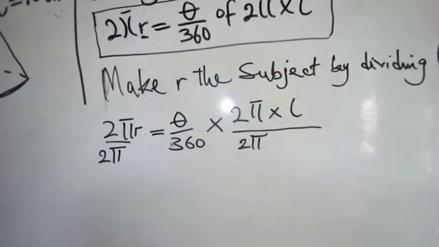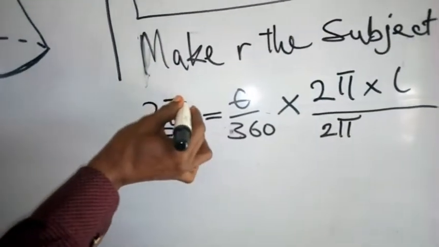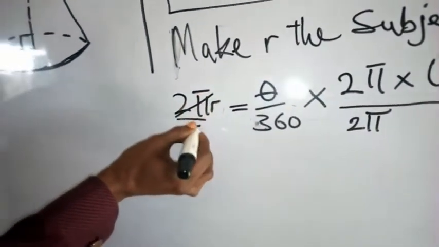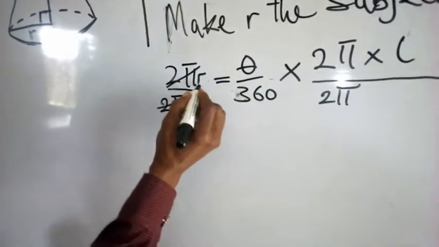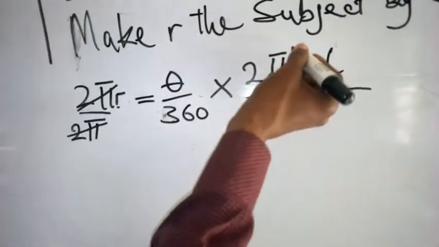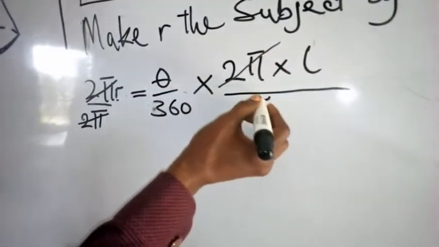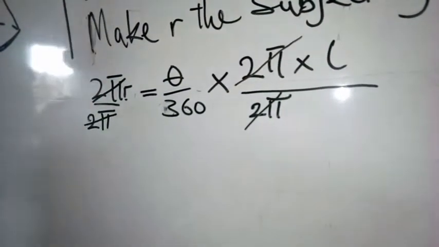By the time you do that, this other one will remove this one. So R is standing by itself. Look at it again. This one too will cancel itself and will also remove this one. That is interesting. So what is happening now?